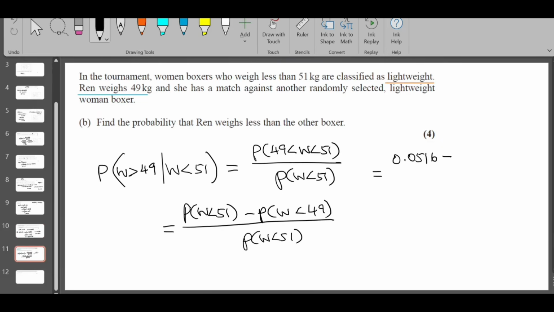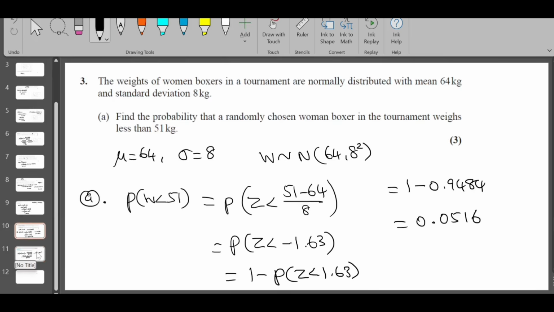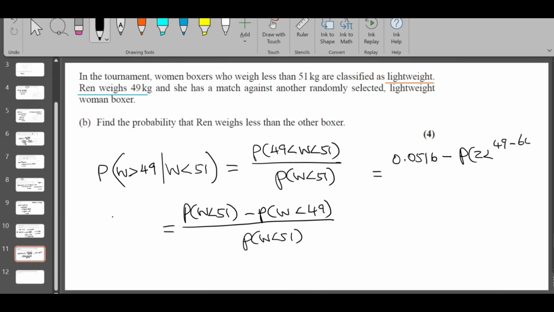So 0.0516 minus, standardize this, Z is less than 49 minus mu over sigma, 64 over 8, divided by 0.0516.